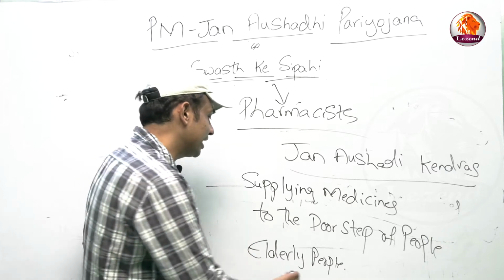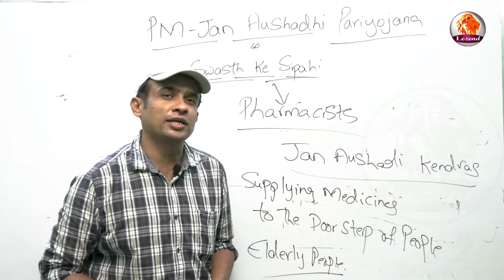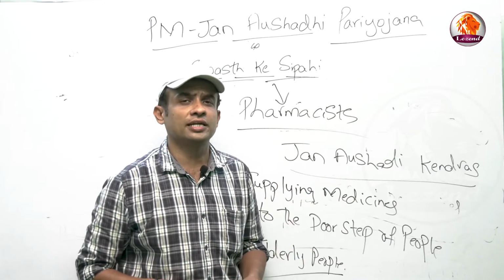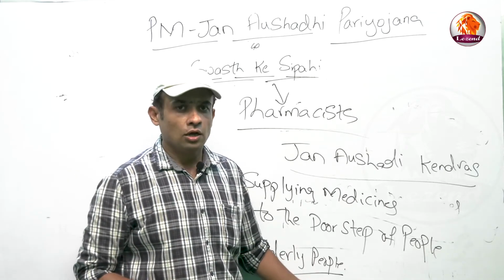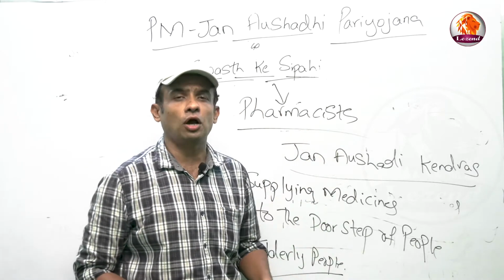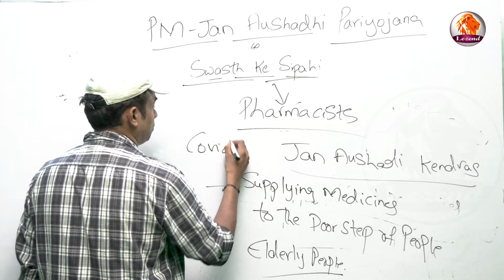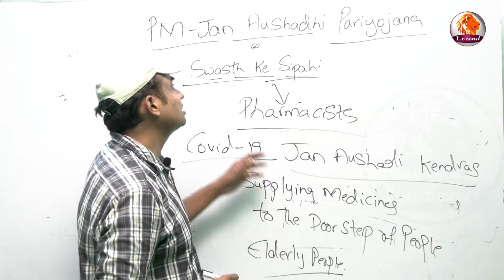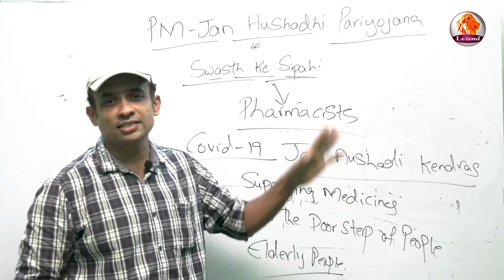Due to COVID-19, elderly people are very prone to the disease. They are in the vulnerable section, so those people should not come out at any cost. Swasth Ke Sipahis played a very prominent role during this lockdown. So that's why it is in the news. That was about Pradhan Mantri Jan Aushadhi Pariyojana and Swasth Ke Sipahi.